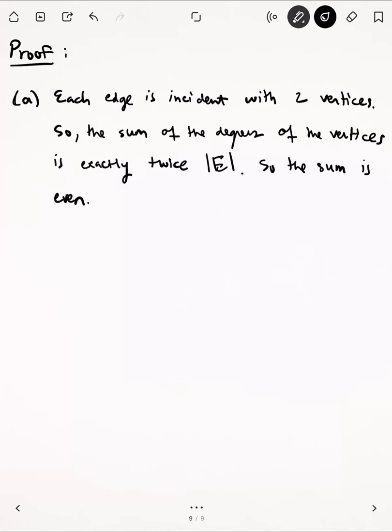B, so obviously the sum of the degrees of the vertices that have even degree is an even number, right? Okay, let me just write this down.